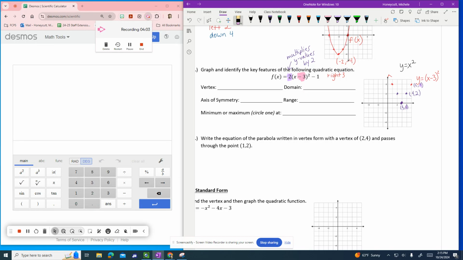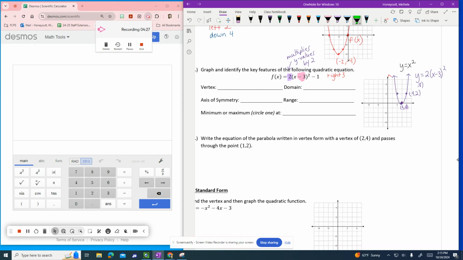And the point that was at 5, 4, I'm going to multiply that 4 by 2 and get 8. So I'll take away the red graph. And now the rest of the graph would go off the page. So I'm just going to graph these 3 points. And this is now the graph of y equals 2 times x minus 3, quantity squared.